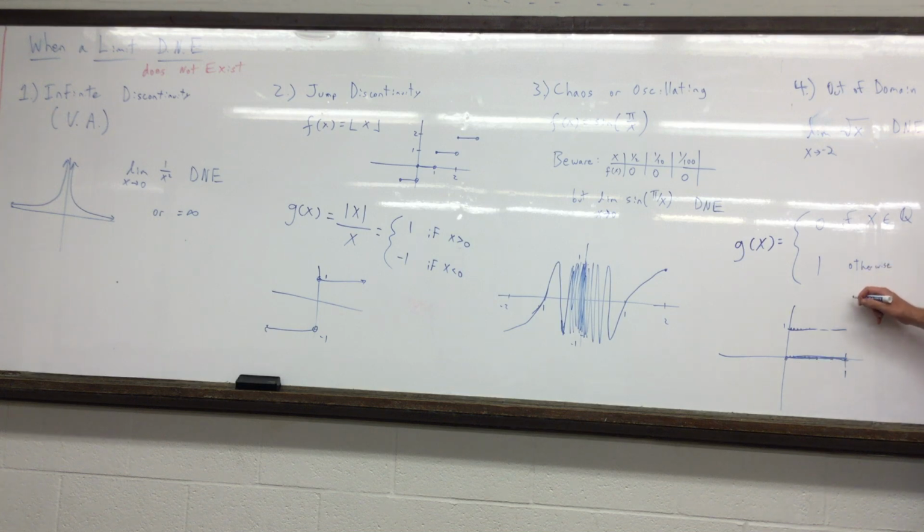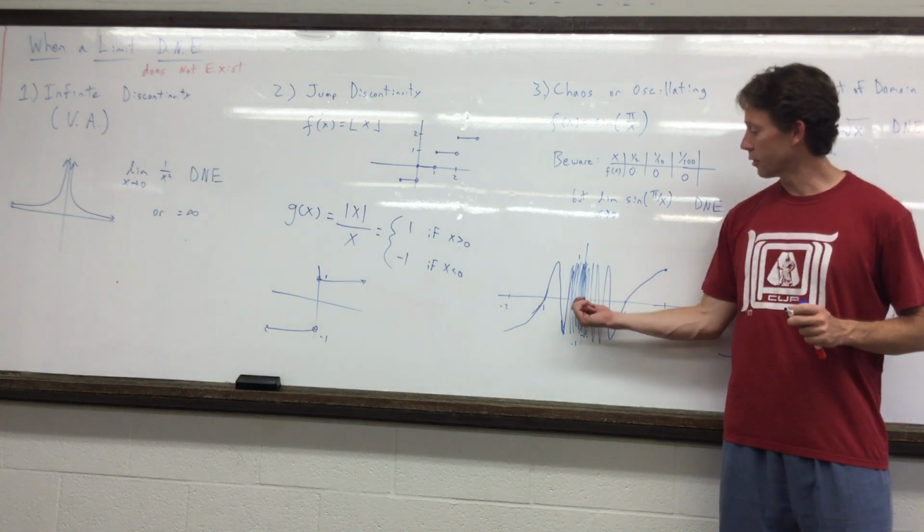The limit as x approaches c of g of x does not exist for all values c. So this function is a good example of a function which is discontinuous, not just at one point, but everywhere.